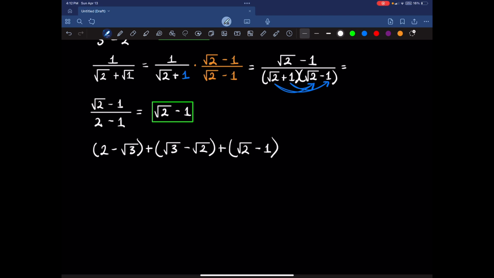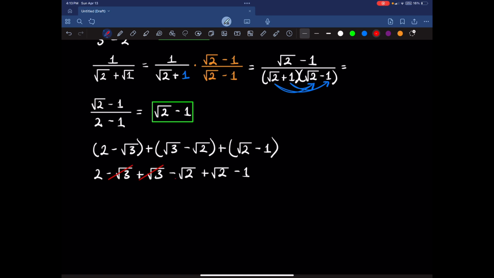Okay, so now if we drop the parentheses, we can clearly see what's going to happen here. 2 minus the square root of 3 plus the square root of 3 minus the square root of 2 plus the square root of 2 minus 1. And would you look at that? Minus square root of 3 plus square root of 3, that's just 0.